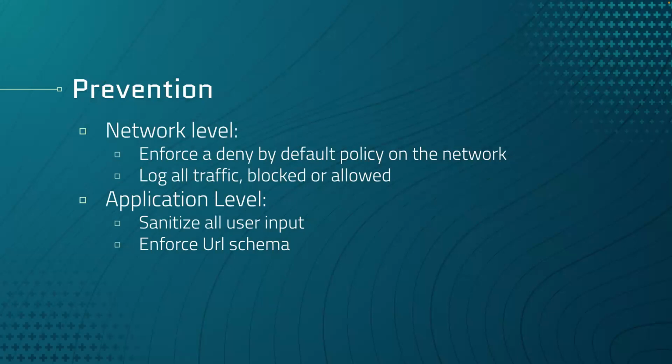So one prevention is at the network level, by adding a deny-by-default policy, so only allowing certain things to go through and logging all traffic. The other way is at the application level, where you sanitize all user input and add a schema to your URL input, so that whatever the user puts, if it's outside that schema, it just gets denied right away, right?